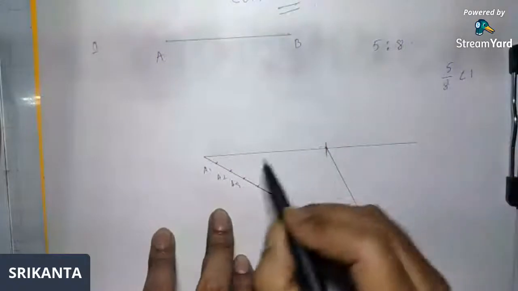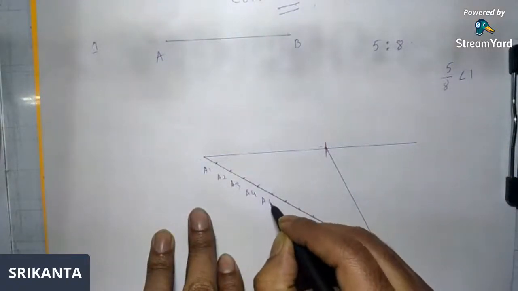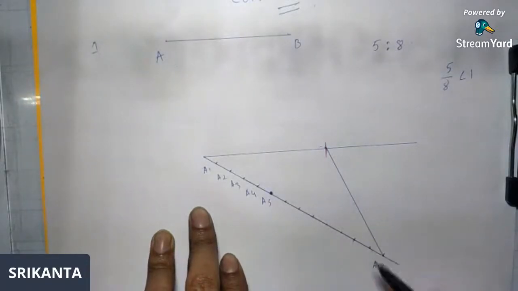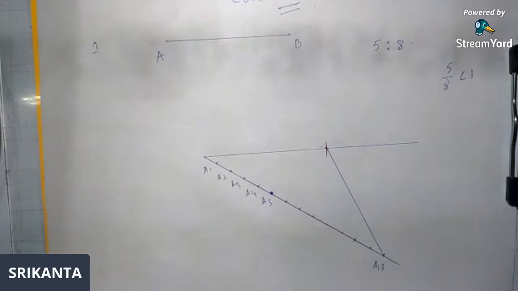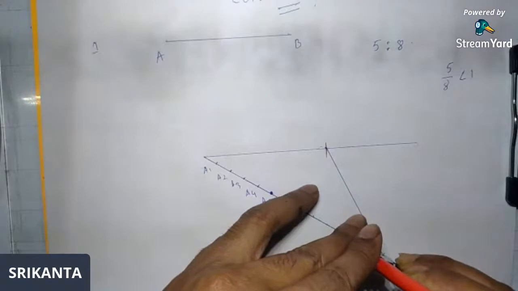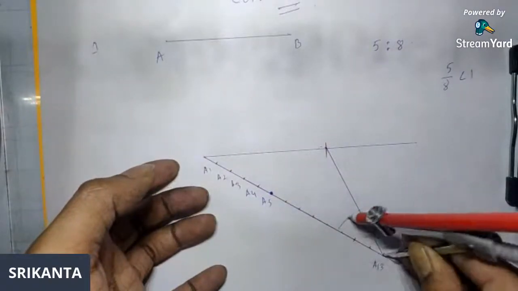Now find this fifth point. So A3, therefore this becomes A4 and this becomes A5. Now at this point A5, you have to imitate this angle. How do you do it? Simple. You point the compass here and you take any arc length.